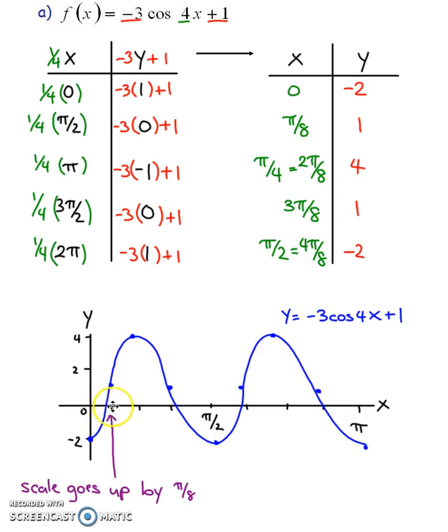So 1, 2, 3 pi/8s, and then goes up 1. Do you see that? It's so much easier than if I had a different denominator. So this guy at the bottom helps you to figure out how to break up the scale on the x-axis. So all you do is you just take pi and you just break it up into 8 pieces.